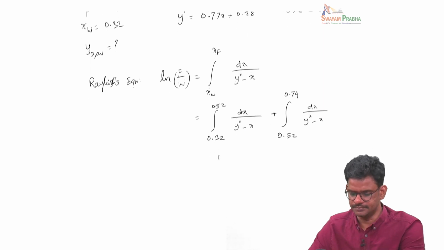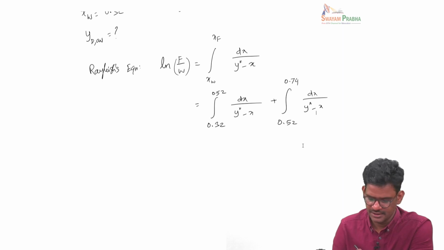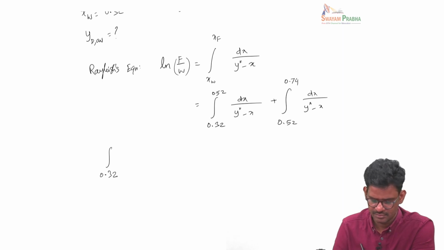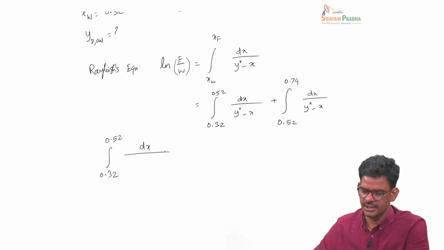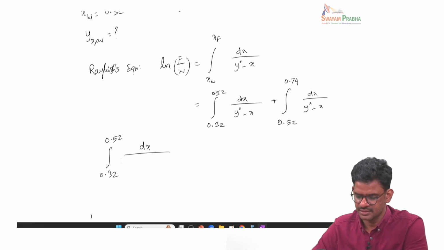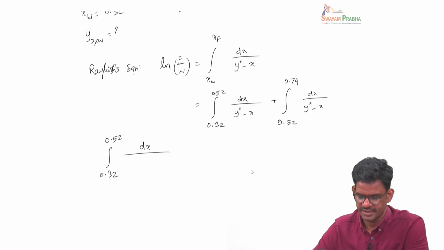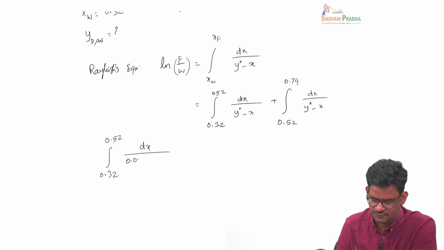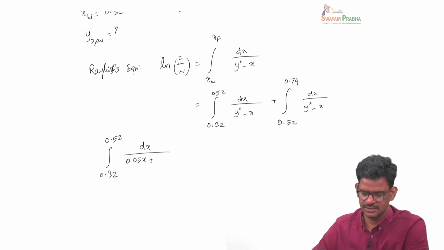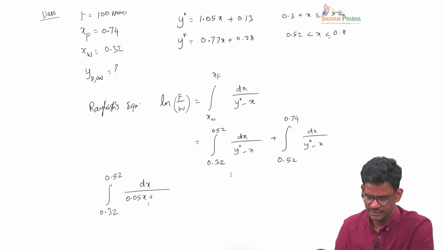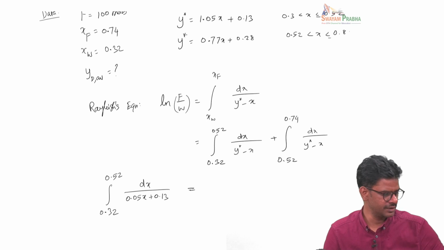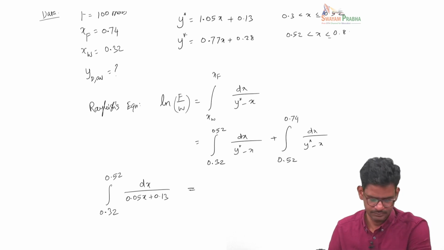And so, now we will find these integrals. So, here y star minus x, to get this we will use this relationship. So, y star minus x is 0.05x plus 0.13, and the integral of this will give you 1.325.